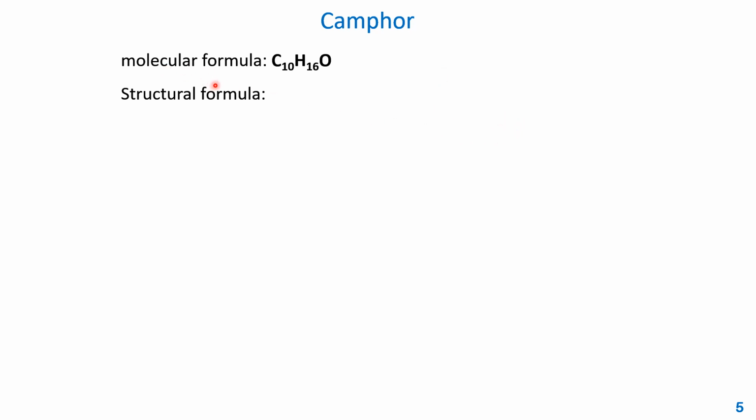The formula of camphor is 10 carbons, 16 hydrogens, and 1 oxygen. The structure is shown here, and this is called a bridged bicyclic compound. This part is carbonyl. So when you have carbonyl here, this is also a ketone. So this is also important in history. I think people are still using this camphor.